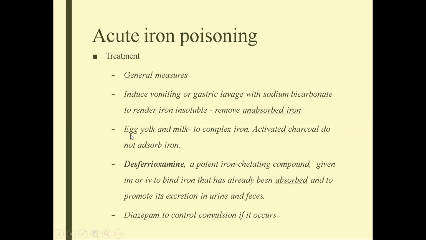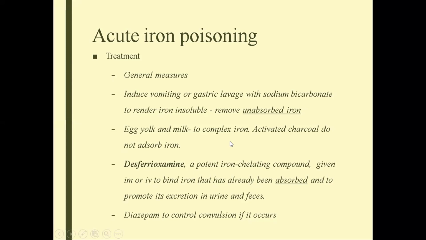Or even if you are at home, then egg yolk or milk can be given, right? Now this is to complex the iron. Egg yolk or milk can form a complex with the iron and inhibit the absorption of the unabsorbed iron, right? Now remember, I don't know how many types of poisoning you have completed till now, right?